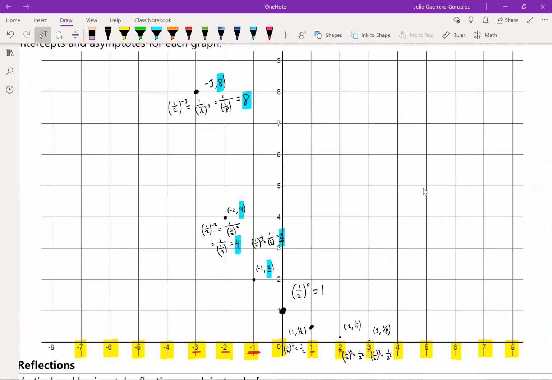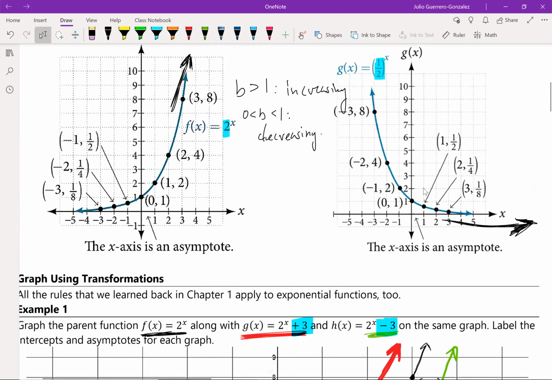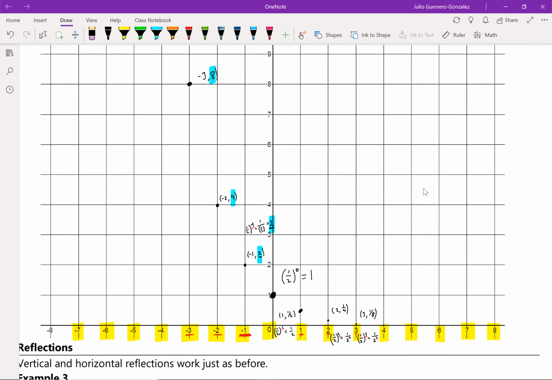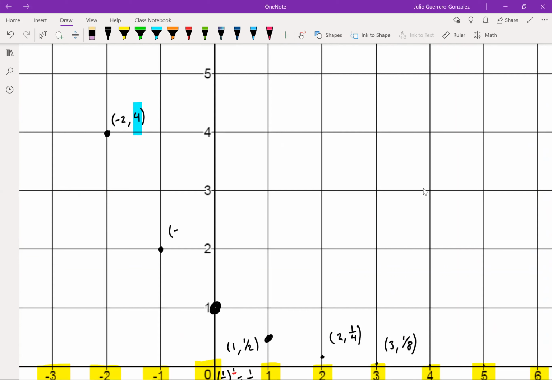So I want everybody to look at. I'm going to shift up really quick. Actually, let me finish connecting the dots really quick. So I'm going to leave the points, but I'm going to get rid of the math for how I got the points. Let me rewrite these points right here. -1, 2, 0, 1.